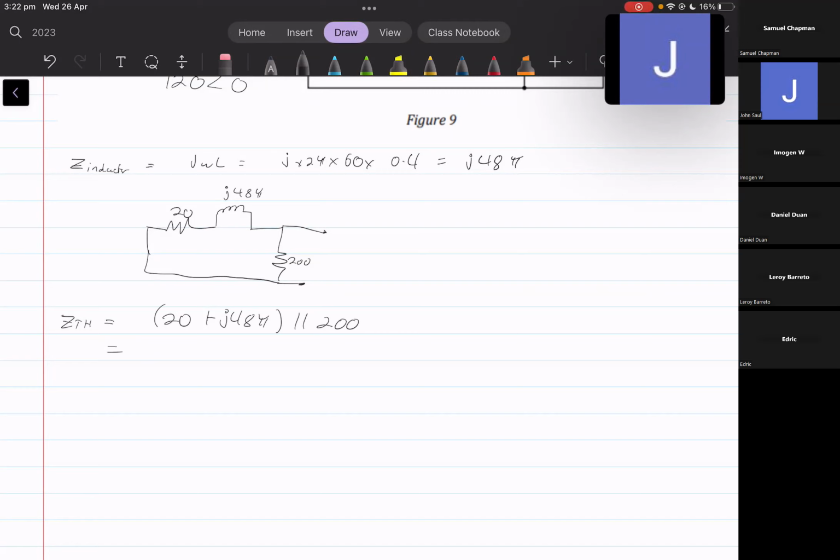Now we can just work that out with the calculator. Cool. And can anyone tell me what that is in phasor form?